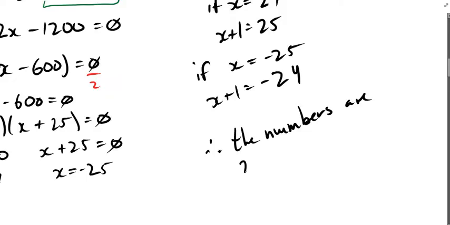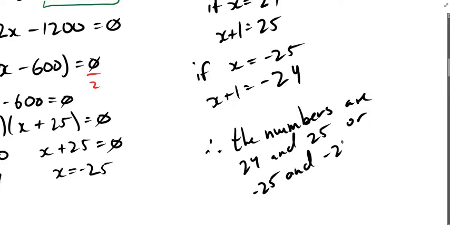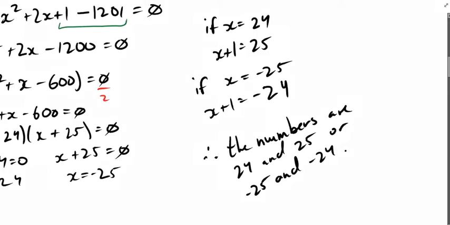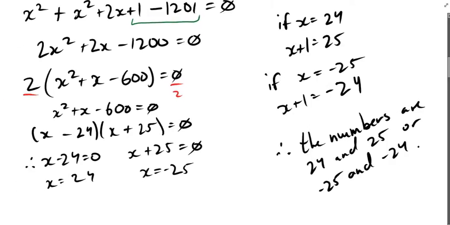The numbers are 24 and 25, or negative 25 and negative 24. Very important that you recognize that's two answers. Like I said, if you're a little bit fuzzy on that, it'll be a bit more obvious in the next example what I'm talking about.